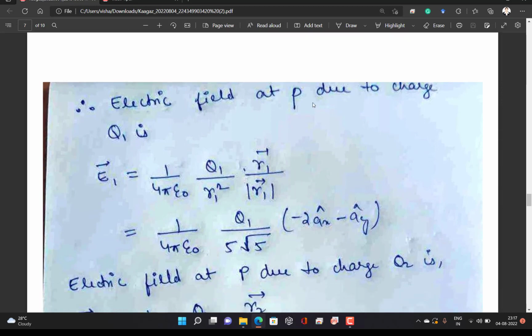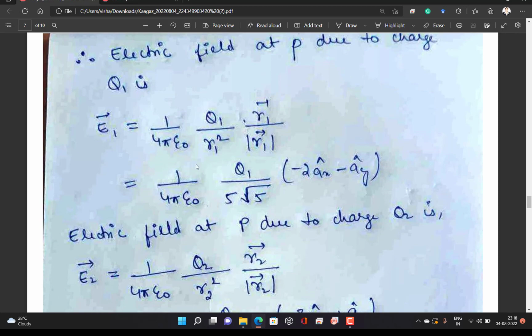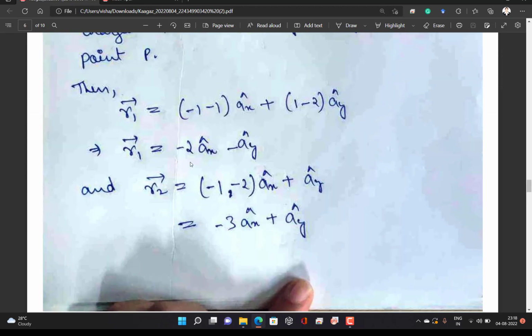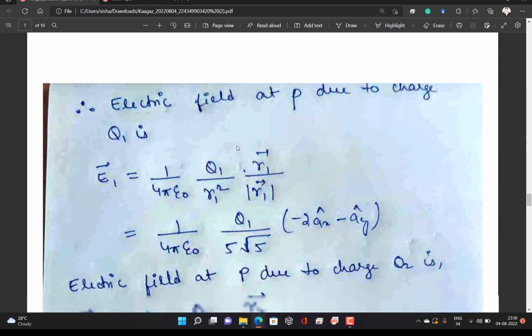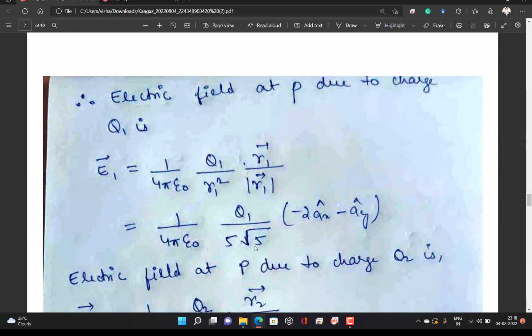Now, the electric field at P due to charge Q1 will be E1 equal to 1 upon 4 pi epsilon naught, Q1 upon R1 square, times the unit vector of R1. R1 here will be the square root of 2 square plus 1 square, that is 4 plus 1, the square root of 5.